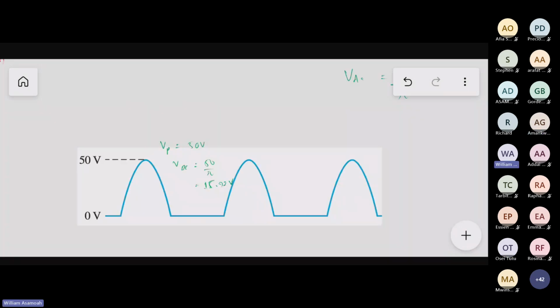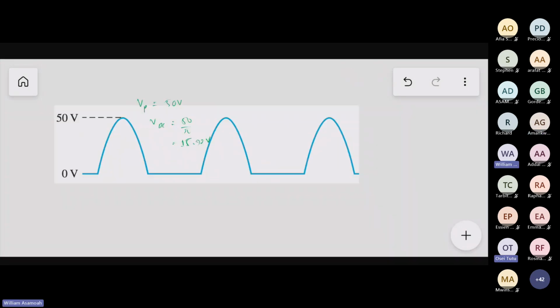Great. That means that if you are connecting any device to this signal, you are going to get a voltage of 15.92. It's actually equivalent to a DC wave of 15.92.